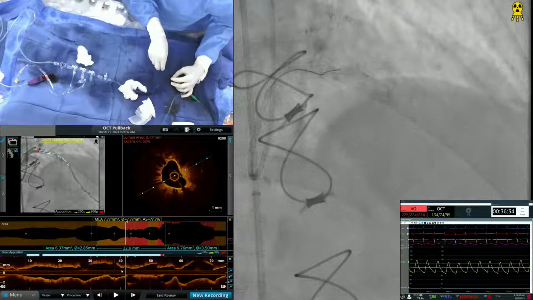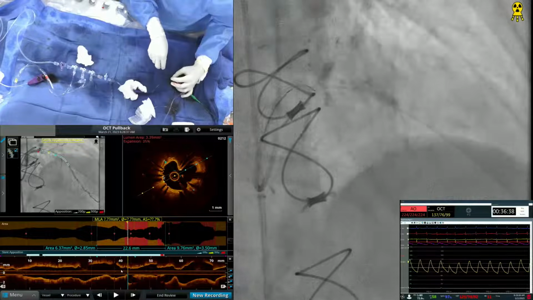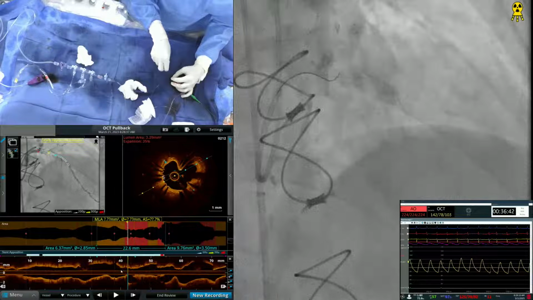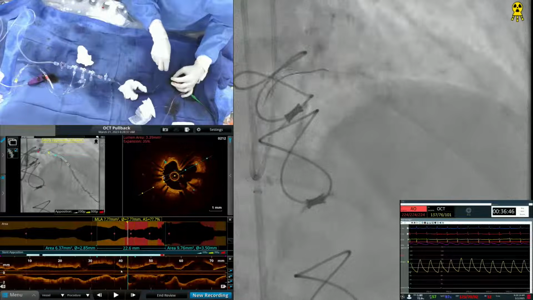And both, I would say, clearly OCT will be a better tool to make the diagnosis of stent underexpansion, more so for positive remodeling, because that will be tough to know with IVUS.